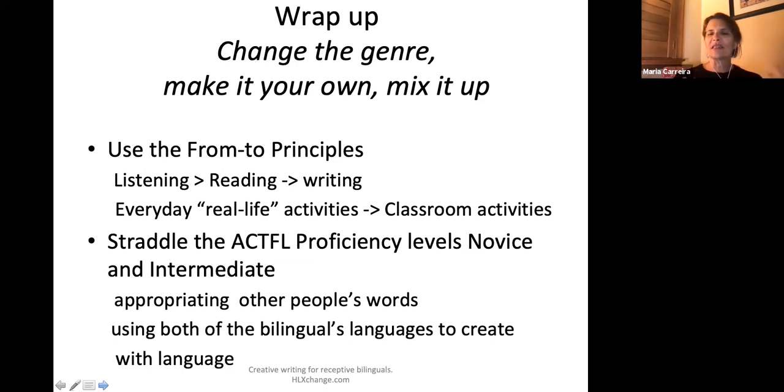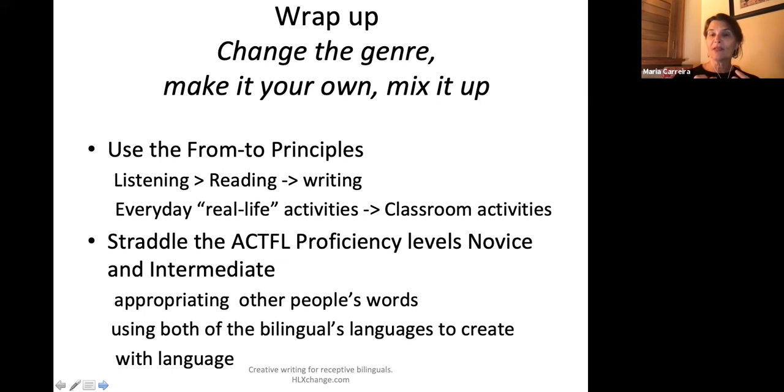These activities straddle the actual proficiency levels novice and intermediate. Appropriating other people's words, which is what I do with the activity, change the genre and make it your own, involves using other people's words creatively. Whereas mix it up involves using both of the bilinguals' languages creatively.